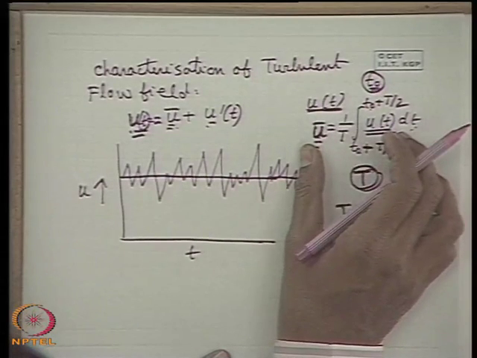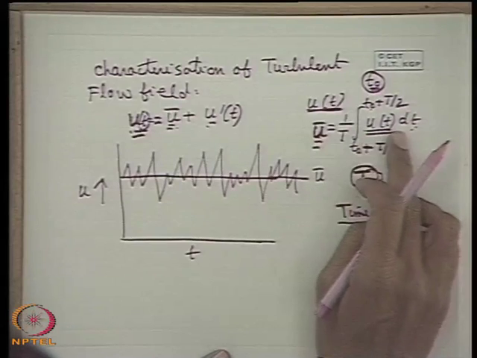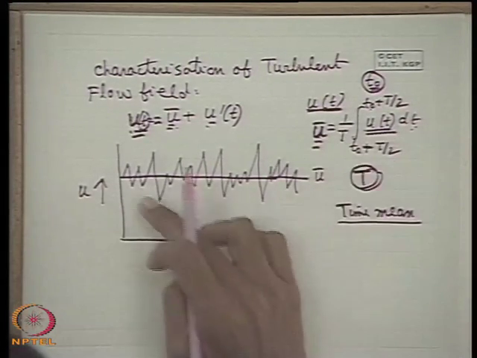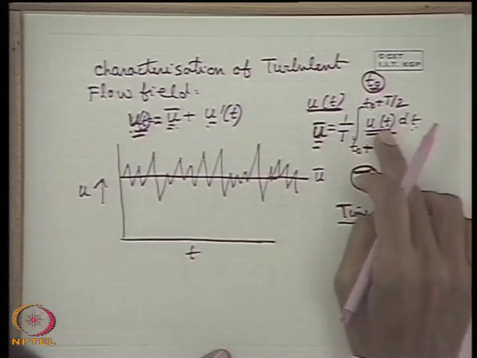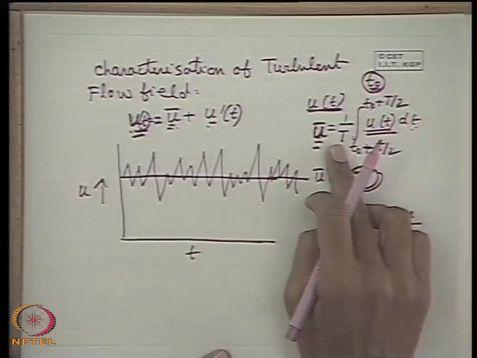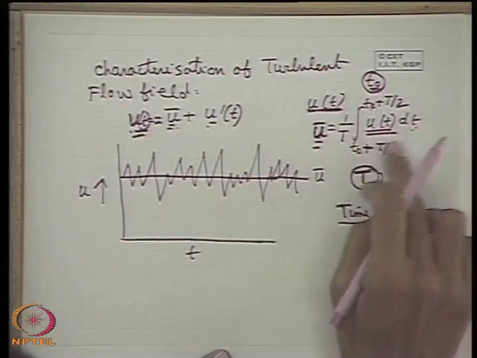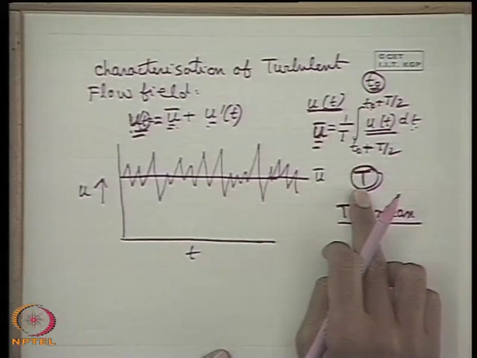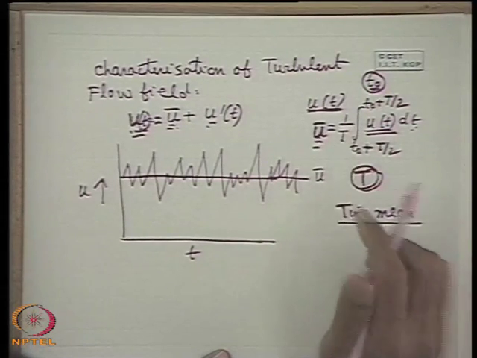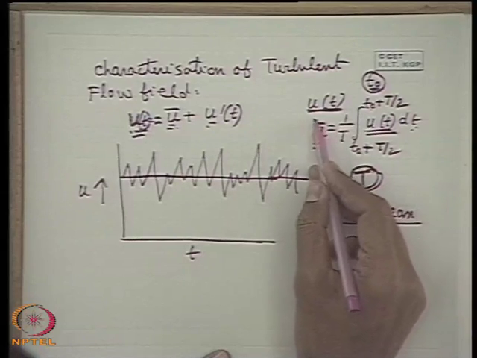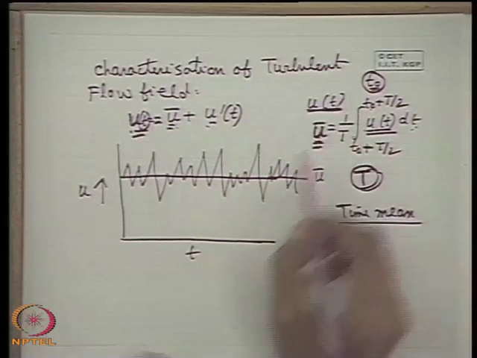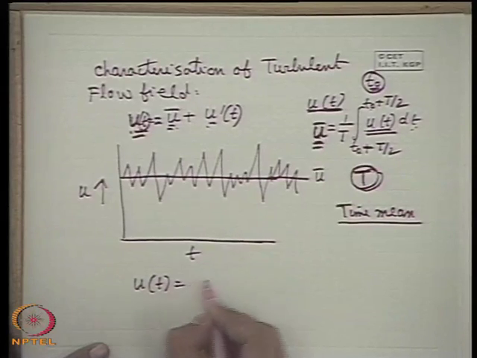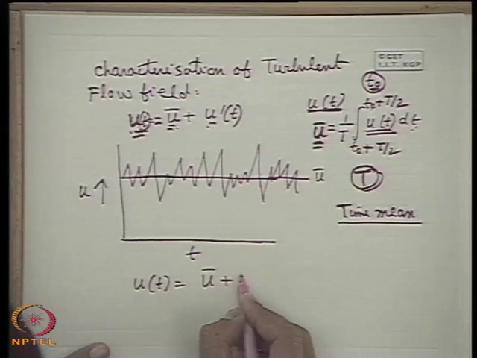This is the entire philosophy. If you integrate this erratically varying quantity over a time period T which includes many fluctuations, we get a mean value u bar, which means that the velocity u(t) can be expressed as u bar plus u dash.